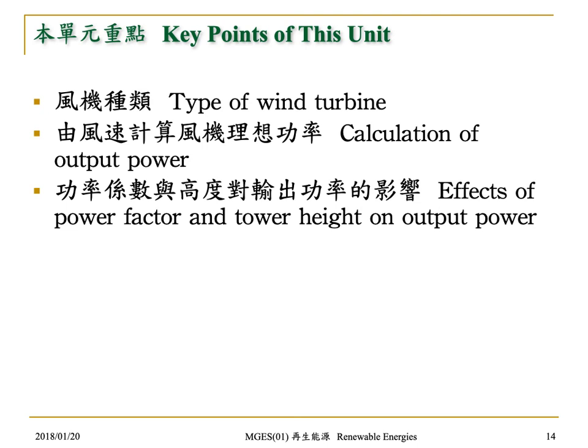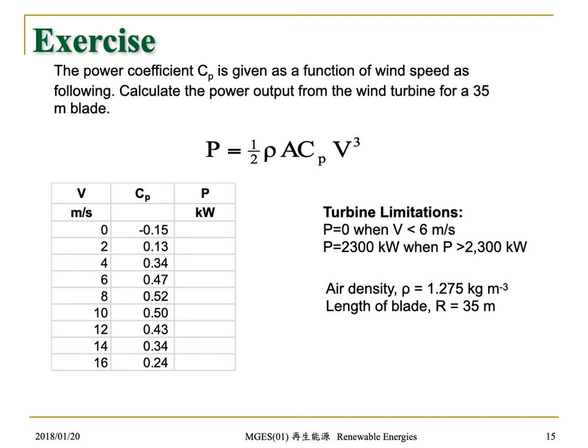The key point of this unit is that we described the types of wind turbines and the calculation procedure, or the equation used to calculate the output power of a wind turbine. And then we also gave an example of the effect of the power coefficient and the tower height on the output power. Now for the exercise, we would like you to calculate, for a 35 meter blade, the power output at different velocities.